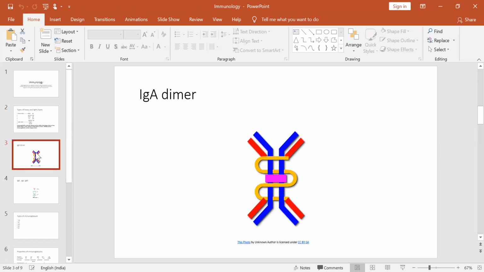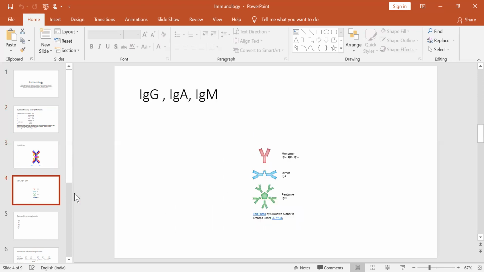Now this slide shows IgA. Actually, IgA is a dimer. That is 2 chains, and they are connected. The next shows the different structures of the different immunoglobulins. This is IgM, a pentamer.